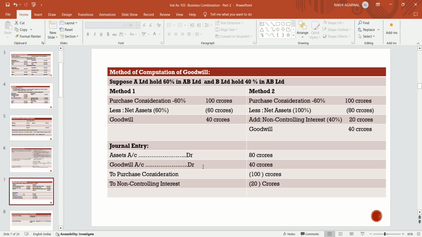So that differential amount is treated as goodwill, that is 40 crores. The amount is the same, but the methods are two different methods. In one case you pay for 60% only and acquire 60% of net assets, so the differential will be goodwill. In another case you pay for 100% and acquire 100%, including non-controlling interest, and the differential will be goodwill. Now the journal entry will be: asset account debit, goodwill account debit, to purchase consideration and non-controlling interest.